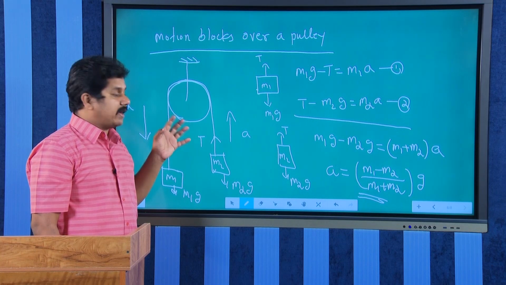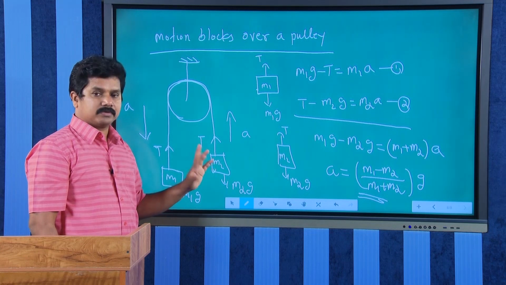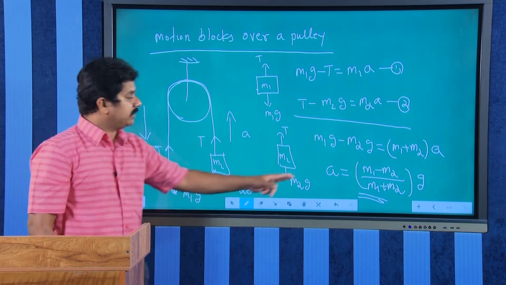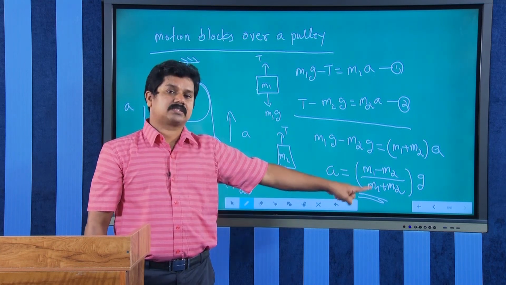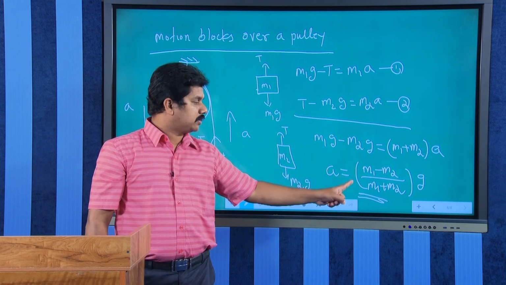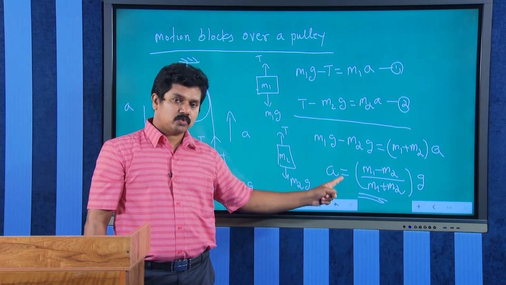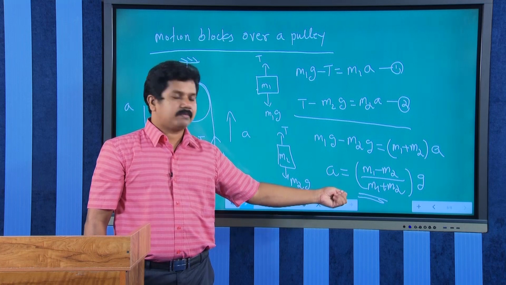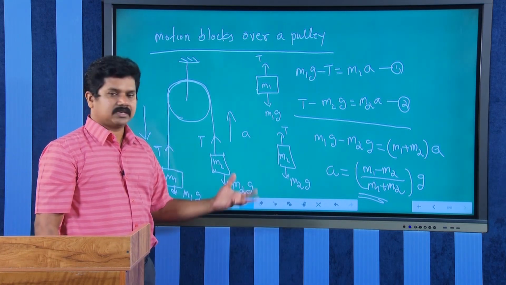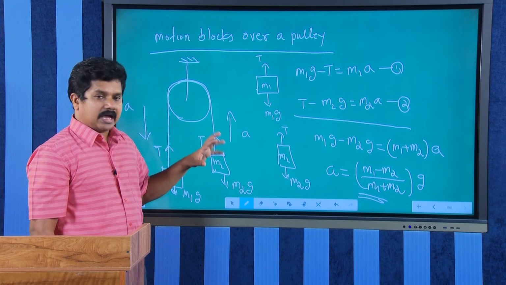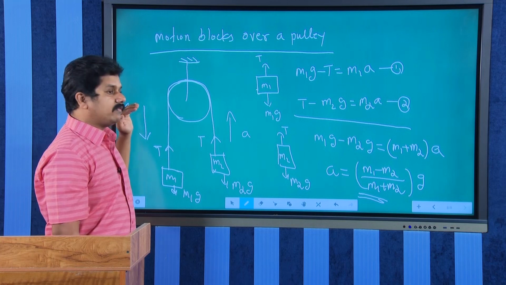The magnitude of the acceleration will be same, direction just opposite. Instead of m1 minus m2, we can take m2 minus m1 by m1 plus m2 into g. Magnitude wise same result, but the acceleration direction will be opposite, that is m2 will move down, m1 will move up.